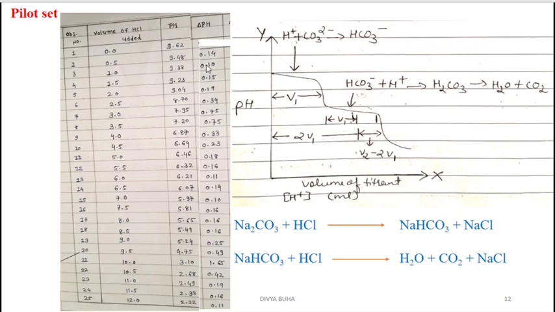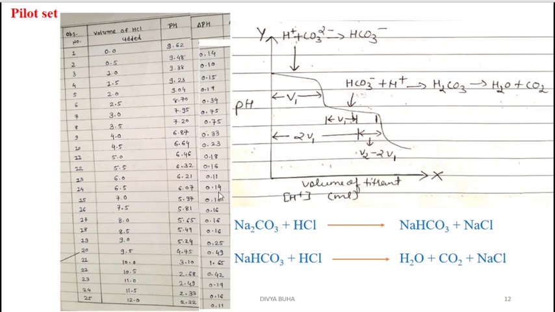Okay, so if we see the delta pH values, then the maximum delta pH value is being obtained to be 0.75, and it has been obtained at 3 ml, right? So you have to take the reading between 2 to 3 ml.